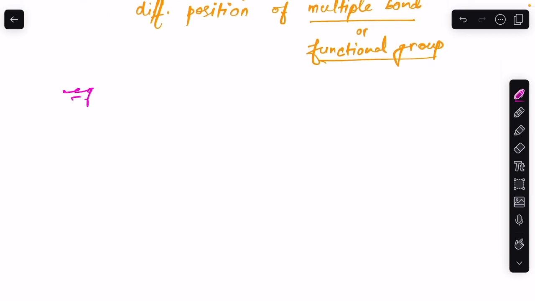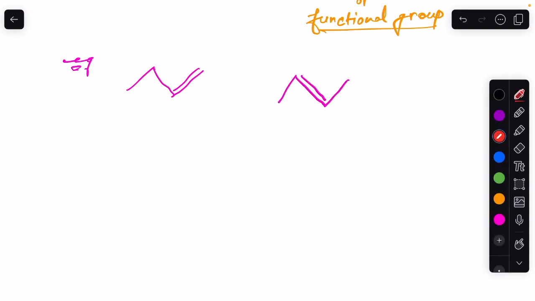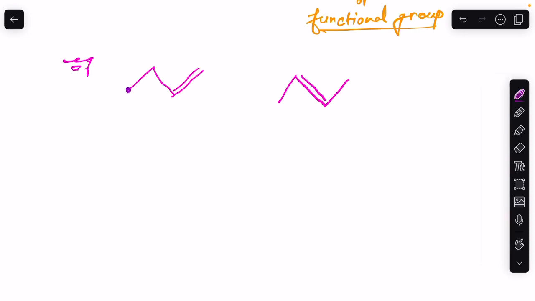Let's have a look at the example. First of all, we have but-1-ene, and this one is but-2-ene. Let's have a look at the molecular formula.